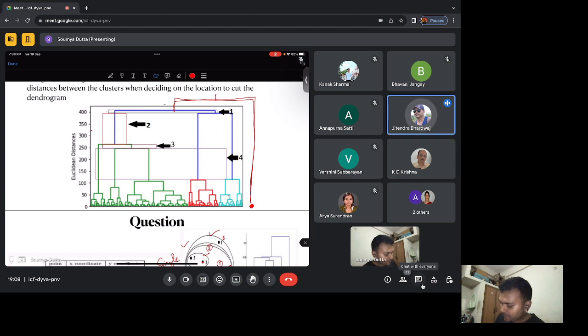There are cases where it is not considered, but in our lecture example they have considered it a cluster. For all practical purposes, if there is a single point in one cluster and 1,000 points in the other cluster, you should never consider that.